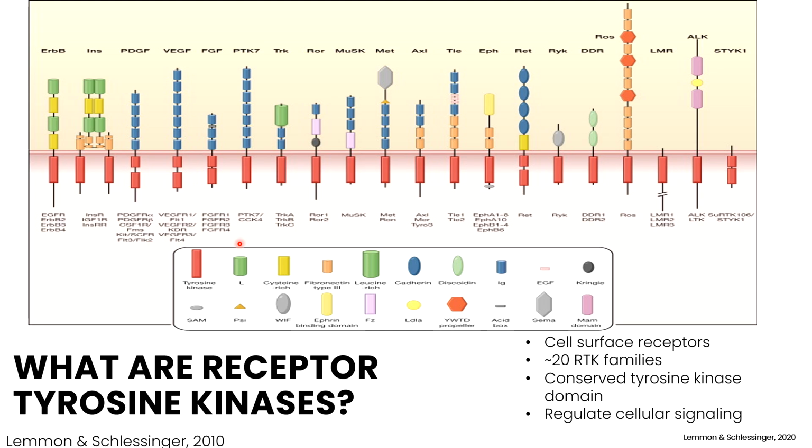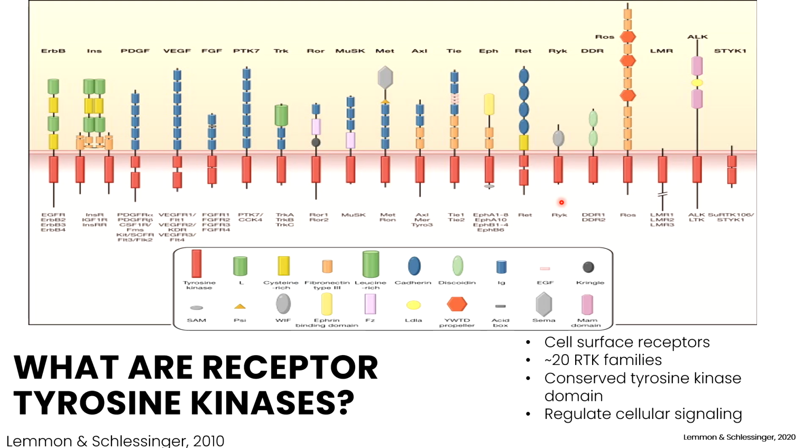Now, even though these receptor families bind to different ligands and perform different biological functions, it is important to notice they all share a similar intracellular tyrosine kinase domain. This conserved domain is the defining feature of the RTK and is responsible for initiating intracellular signaling after the receptor is activated.